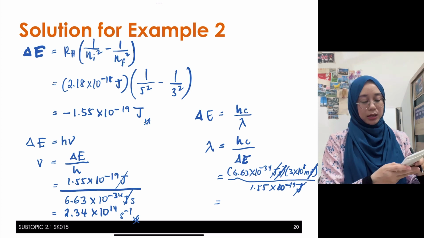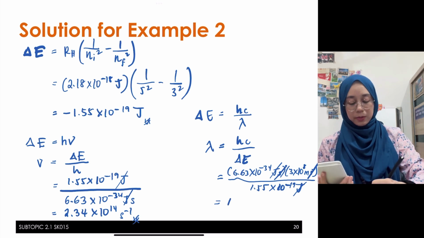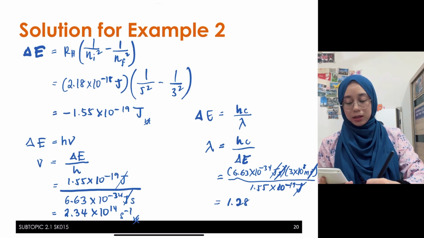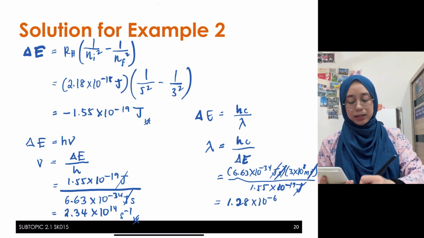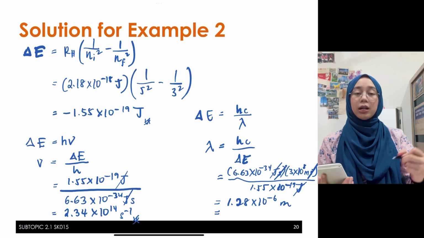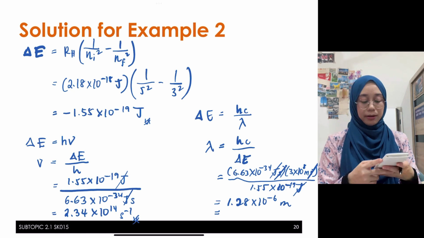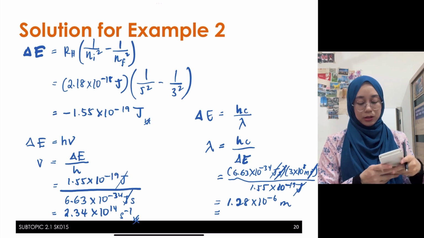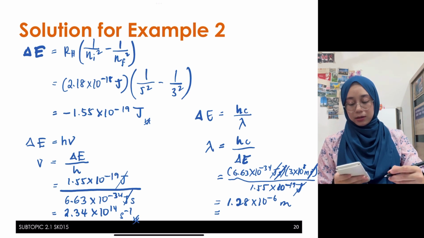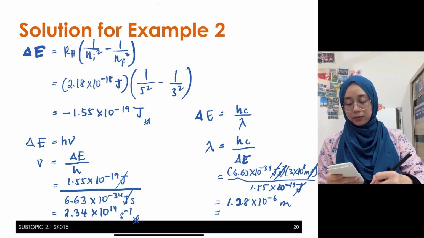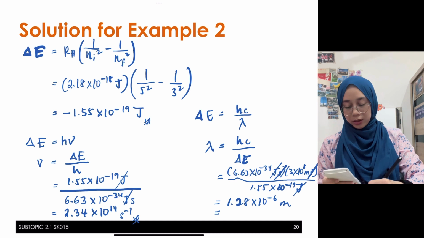So akan dapat 1.28 exponent negative 6, tapi ini adalah dalam meter, but we want to change this into nanometer, so kena bagi exponent negative 9, right?